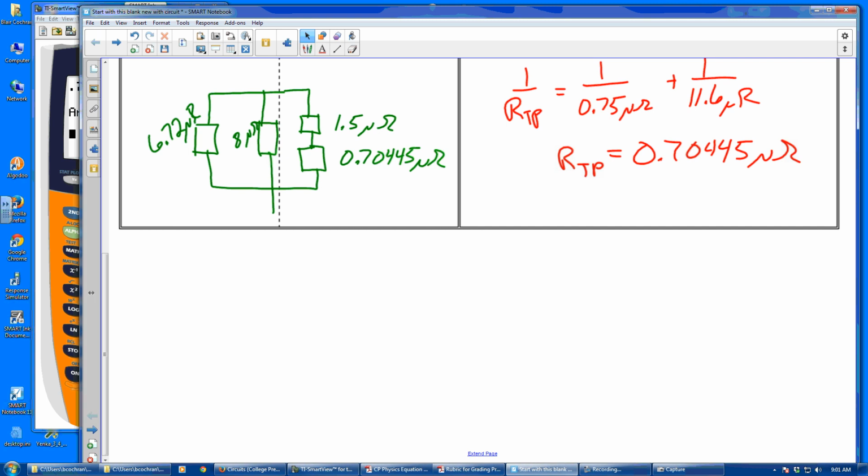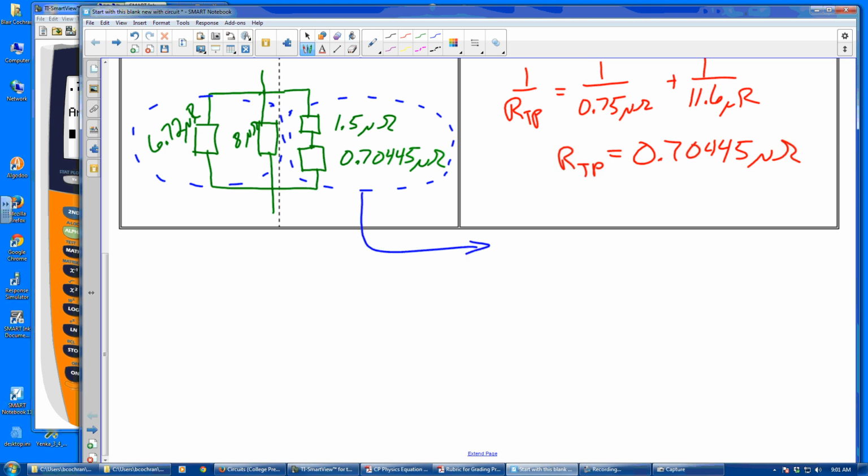Any of those resistors now in series or parallel? Which one? These two are in series with each other, and these two are actually in parallel with each other. I think I'll just deal with the series ones right now. All right, and then I'll deal with the parallel ones, and you'll see why.